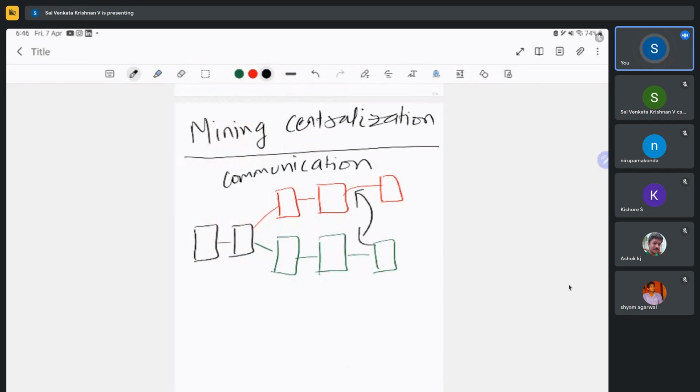Since the nodes are distributed all across the world, the time taken for the nodes following the red chain to tell the nodes following the green chain, to resolve which one is the longest chain, would be very high, since new blocks would be simultaneously added while this communication process is going on among the nodes.